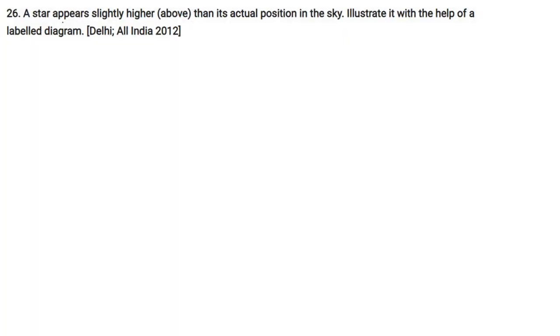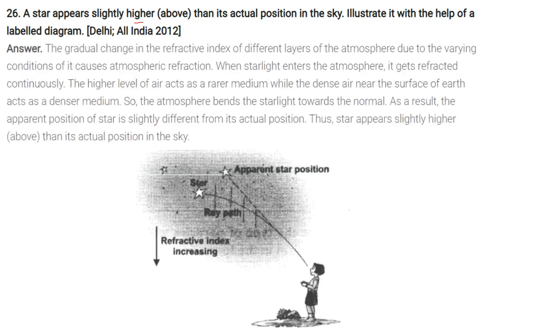A star appears slightly higher than its actual position in the sky. Illustrate it with the help of a labelled diagram. This is the star, but here is the apparent star position, which is how the actual star position is seen. This is the apparent position, because we have different layers of atmosphere in between.